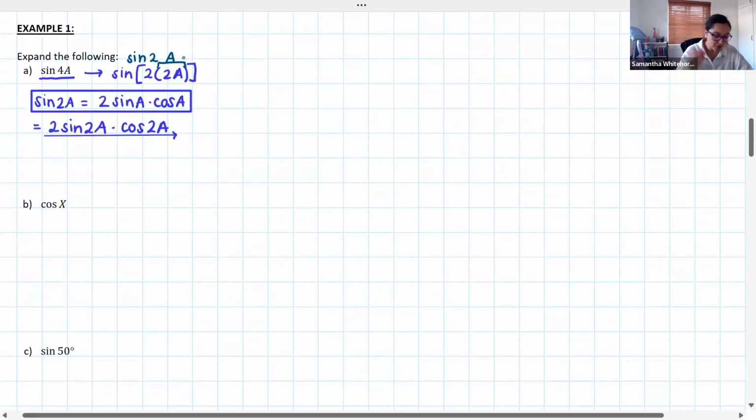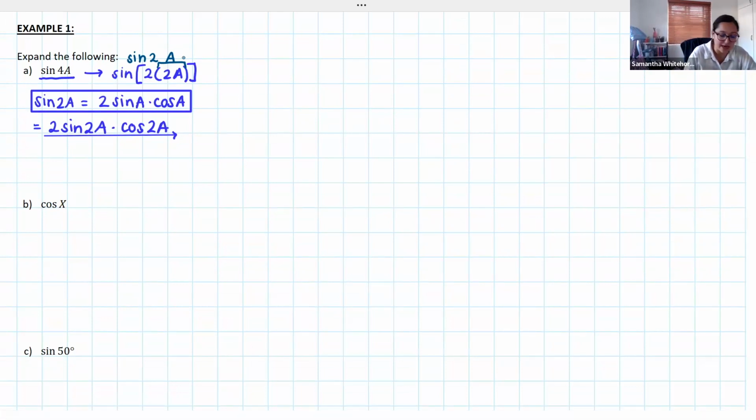So if we have a look at question 2, we've got cos of angle x. Now again, just because there's not a coefficient in front of x doesn't mean that my angle can't be a double angle. If you imagine this, this would be cos of 2 times a half x. Why 2 times a half x?